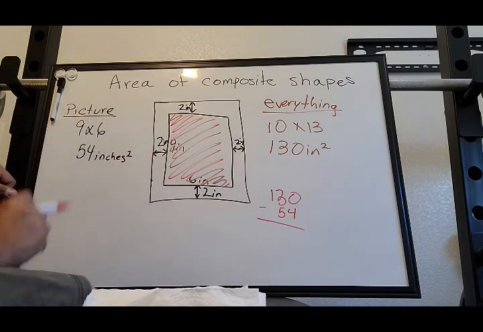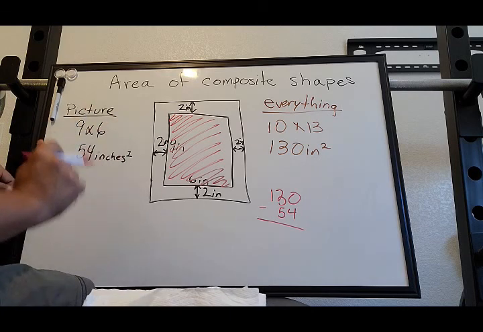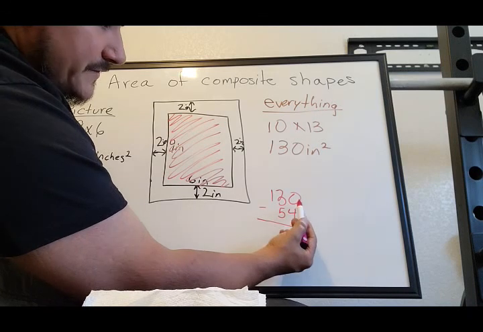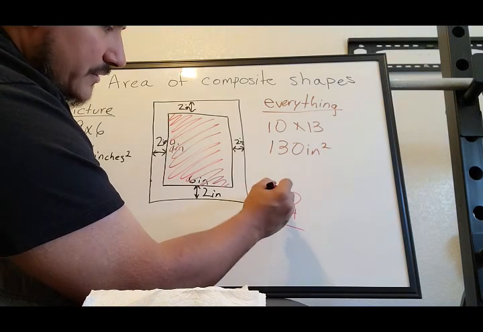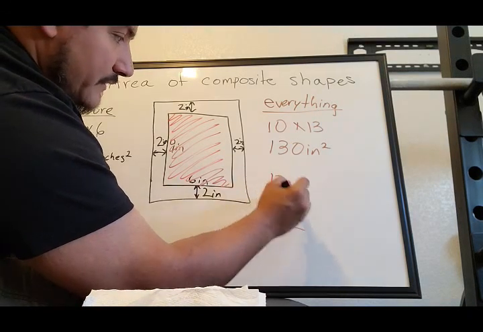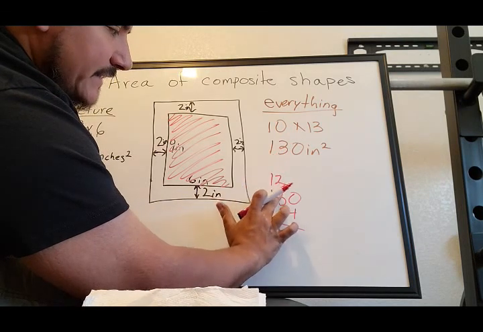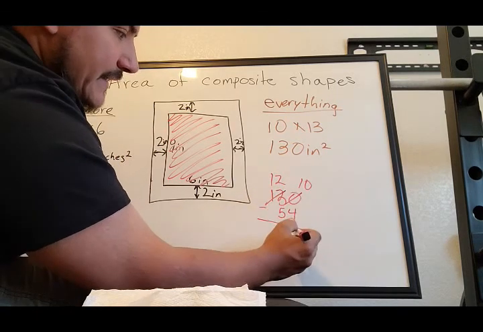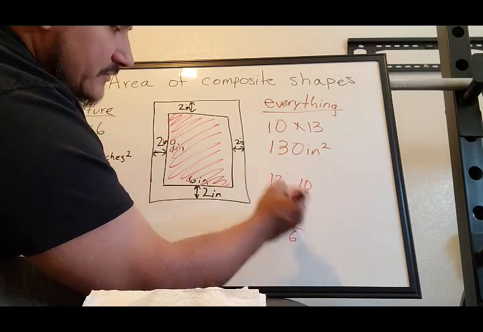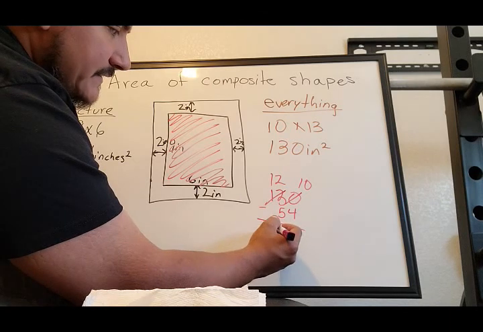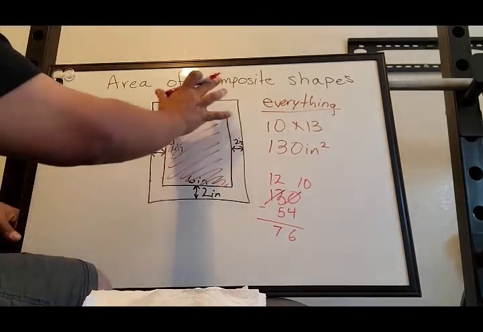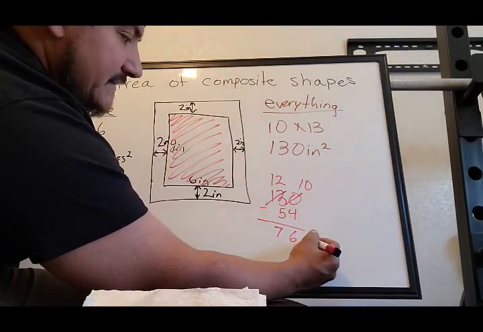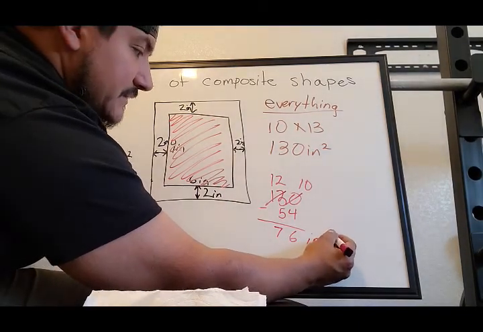So 130 minus 54, well, we can't take away 4 from 0, so we need to regroup our 13 into a 12. And since we're taking 1 ten out of 12, this becomes 10. 10 minus 4 is 6. 12 minus 5 is 7. This means that the area of the frame is 76 inches squared.